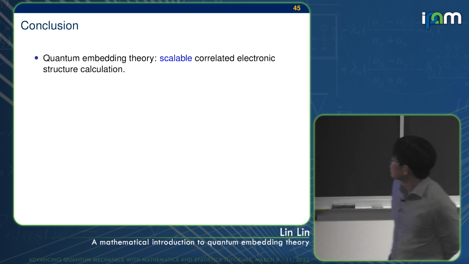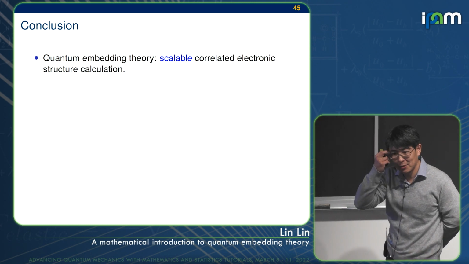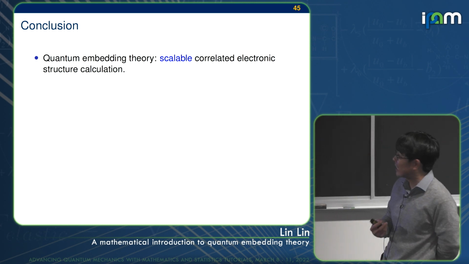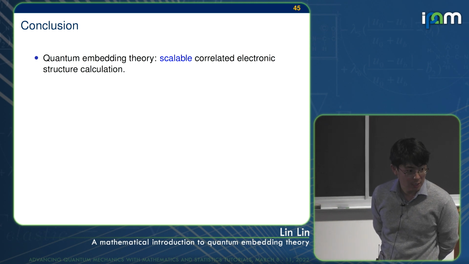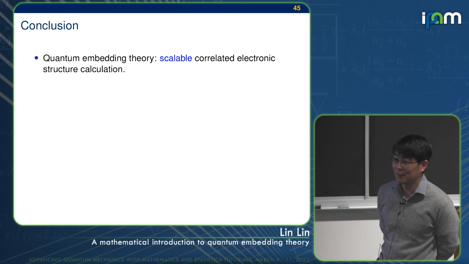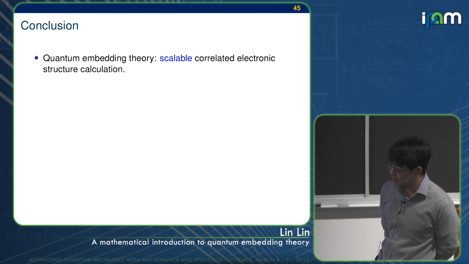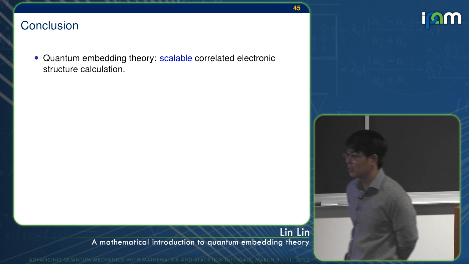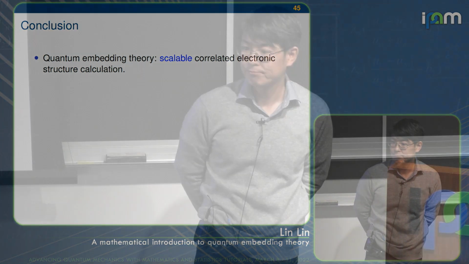To conclude, quantum embedding theory is not a beautiful theory, but it's a scalable way for doing legitimate correlated electron structure calculation. And if there's no miracle to make machine learning, quantum computing, or PEPS work in the near future, this is probably the only way that I'm aware of. We can debate.